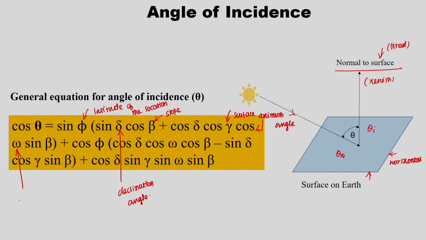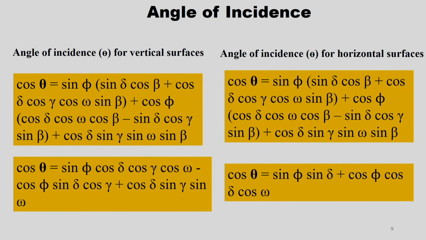Omega is hour angle. Okay. So, theta here mentioned as a function of phi, delta, beta, gamma and then omega. So, from the basic equation, general equation, we can derive it for different surfaces.